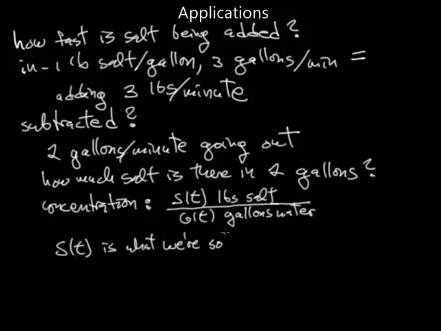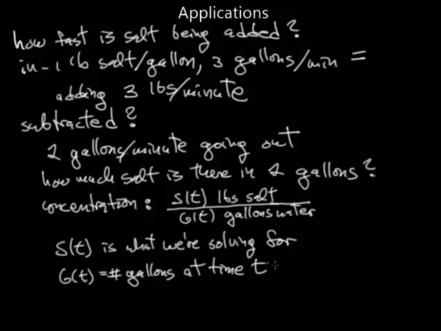But G of t, we'd like to know. And G of t is elementary. What is G of t? G of t is the number of gallons of water at time t. Well, let's see. You're adding 3 gallons per minute, and you're taking out 2 gallons per minute.